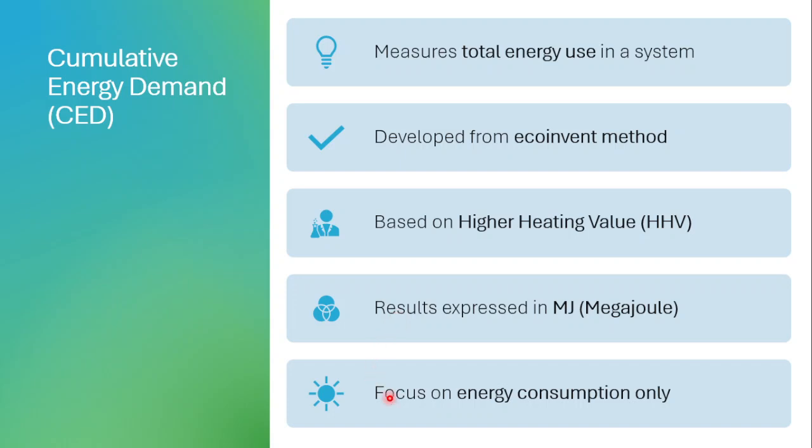The result is expressed in megajoules, making it easy to understand and compare. Unlike other life cycle impact assessment methods, CED focuses only on energy use and not on environmental impacts like emission or toxicity.